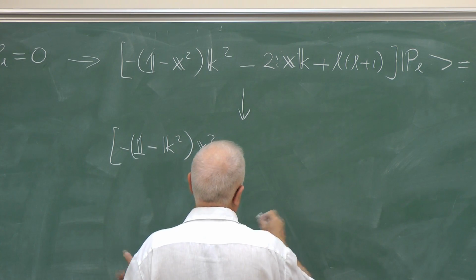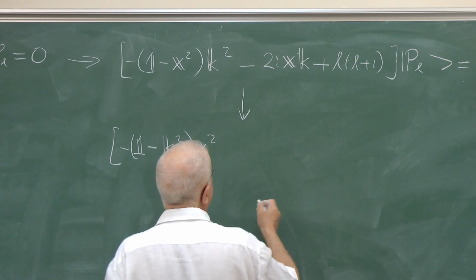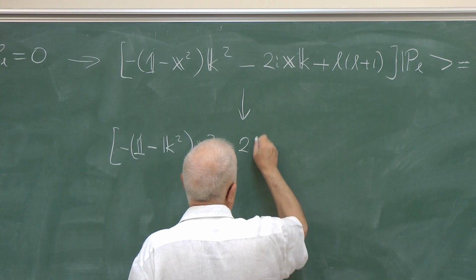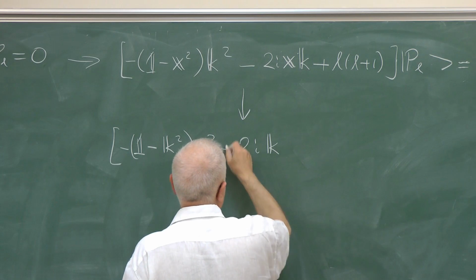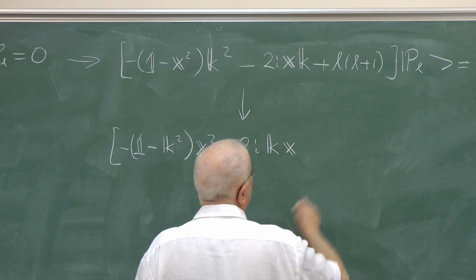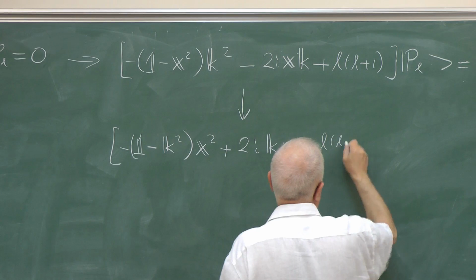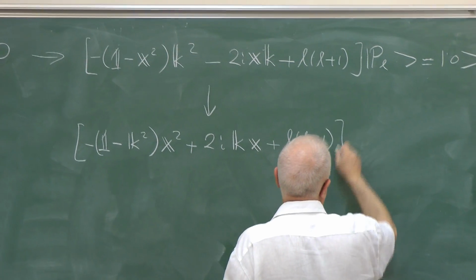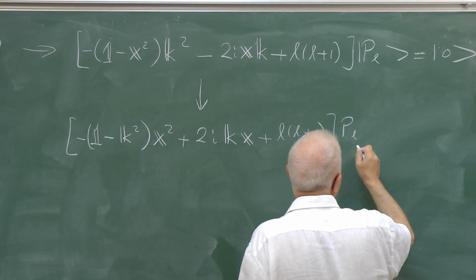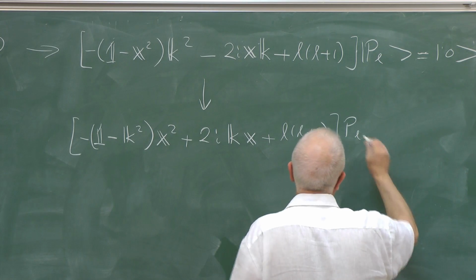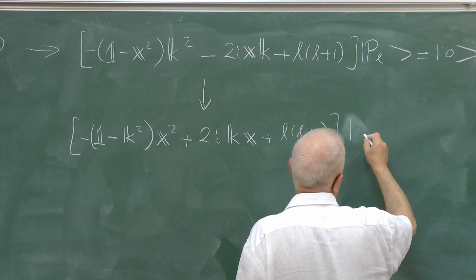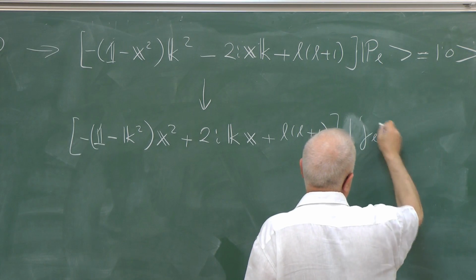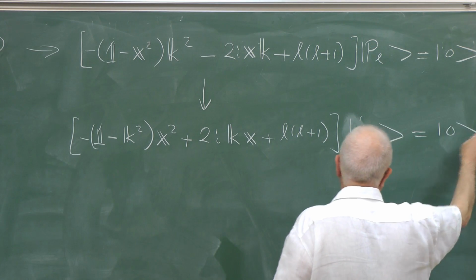Just x square becomes k square becomes x square. Minus 2i, x becomes k, k becomes minus x. Plus L, L plus 1. P_L. Shall I put P_L? No, because this is a new differential equation. I should put another symbol. Let's say J_L equals 0.